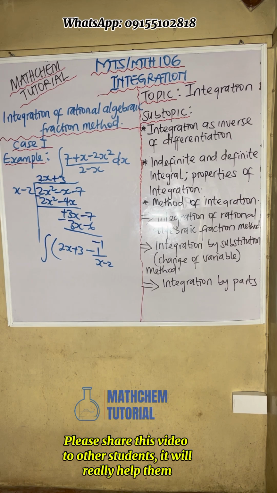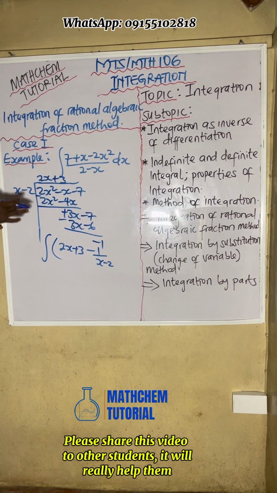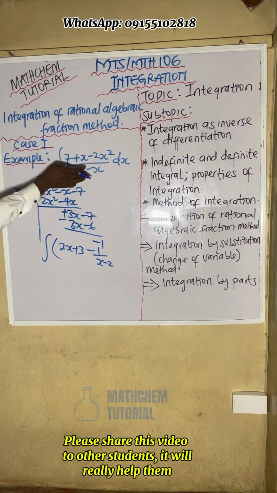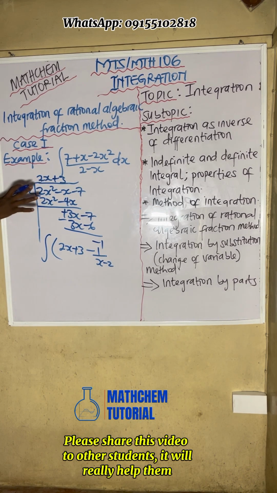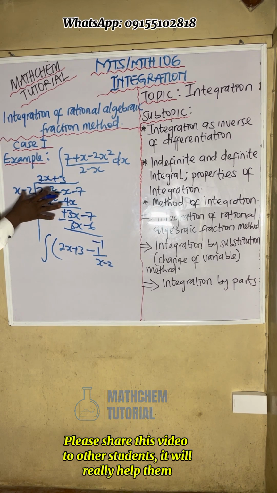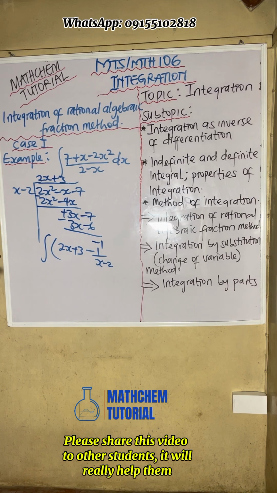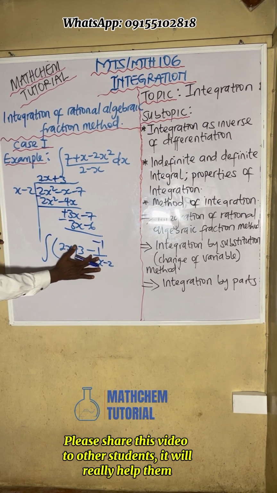You can do it anyhow, but the best thing is to leave it in the form of the question they give to you. I only rearranged the question to make our division easier. That was why I rearranged it. But now let me reverse it back.